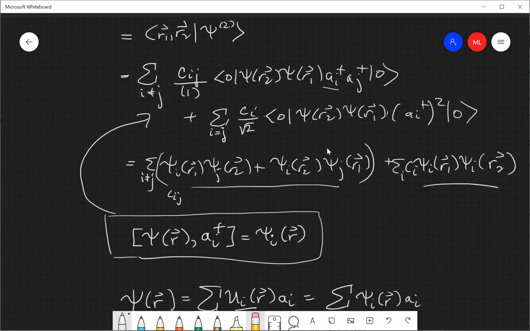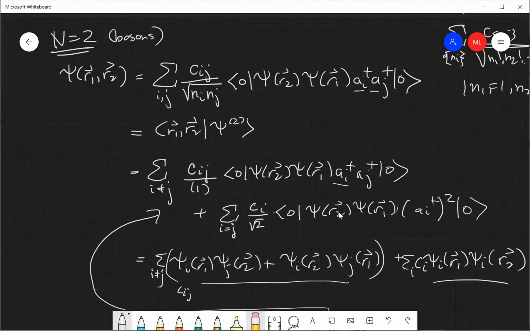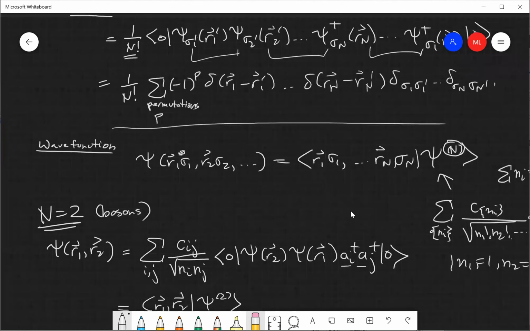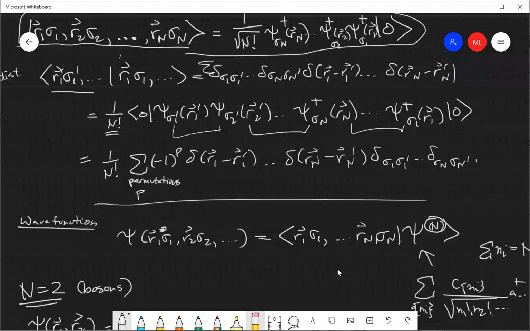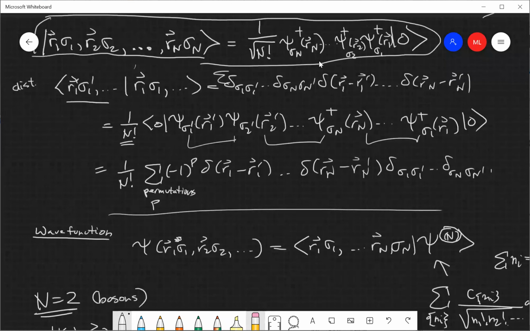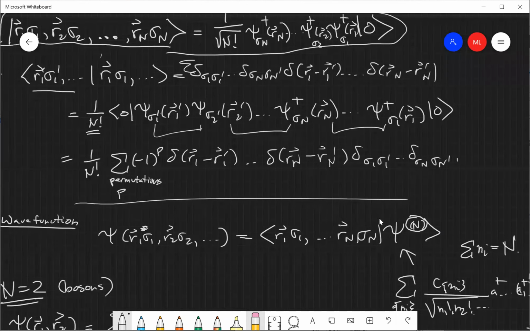So hopefully you see that by using these definitions, this basis is equal to this, a bunch of creation operators acting on the vacuum. Then we can construct any kind of multi-particle wave function by taking any multi-particle state, which we generate using creation annihilation operators for our states of interest, could be energy levels, whatever, and sandwiching them with the position space basis.